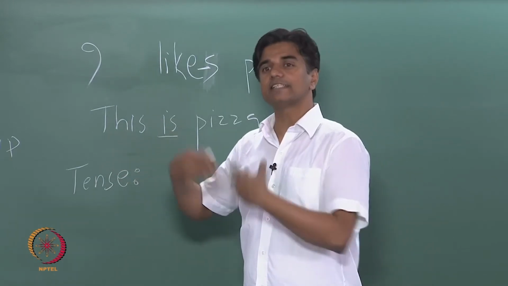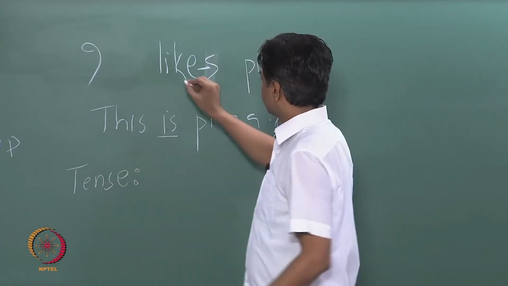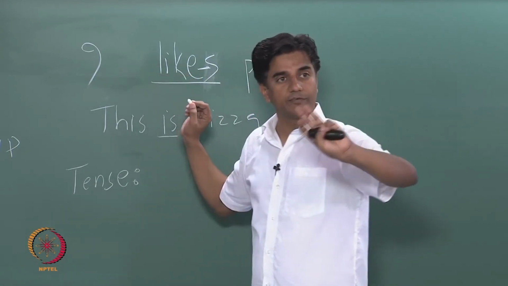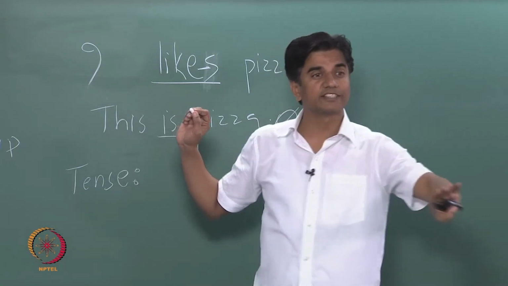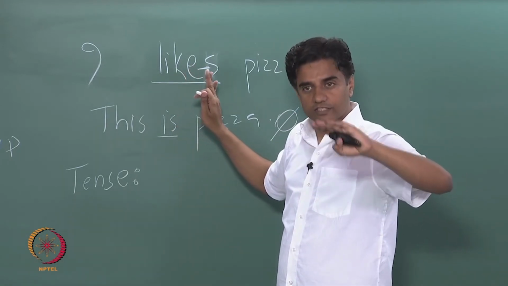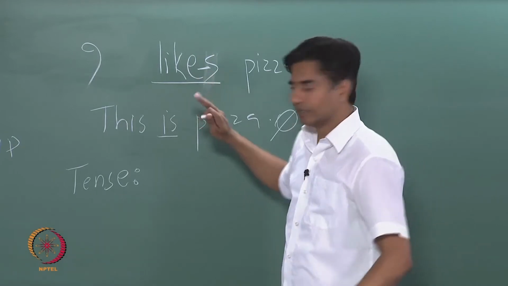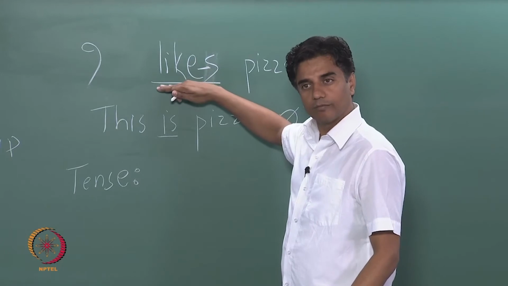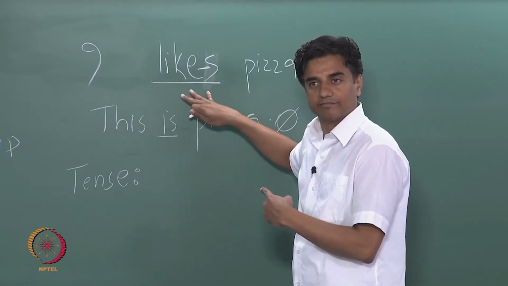It tells us about something. So this verb likes, and please stop me if it stops making sense to you. We are saying there are two things here. One is the verb and then something else.